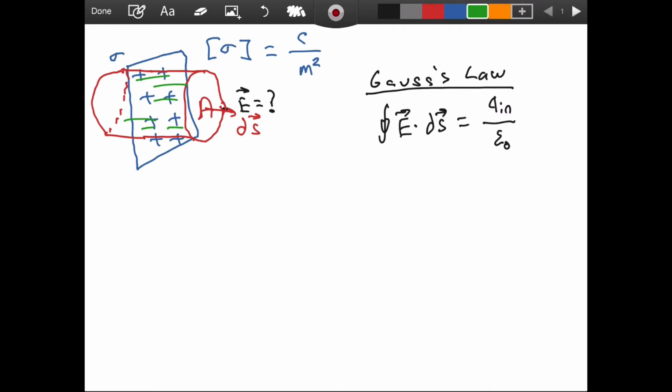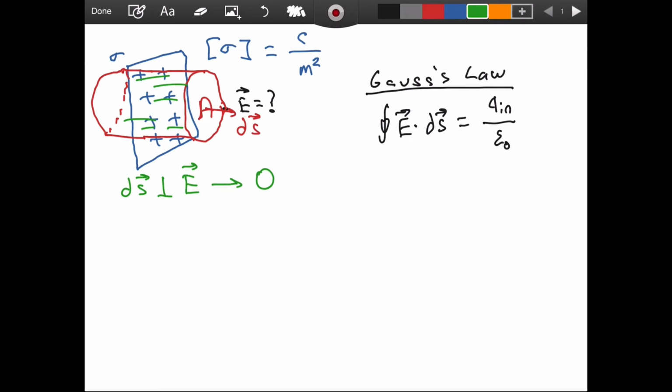All right, so maybe I could do it with color coding. dS in green is perpendicular to the electric field, which is away from the sheet of charge, which is perpendicular to the sheet of charge. So if we take their dot product, we will get 0 because cosine of 90 degrees is 0. As a result, the side surfaces of our cylinder won't make any contribution to our integral.